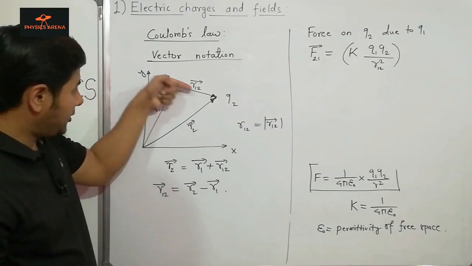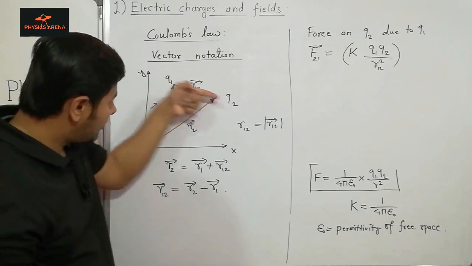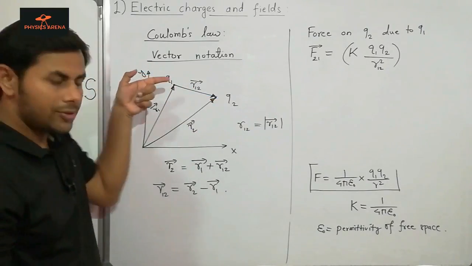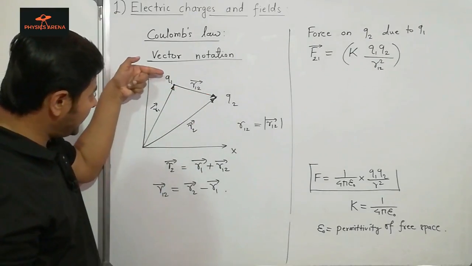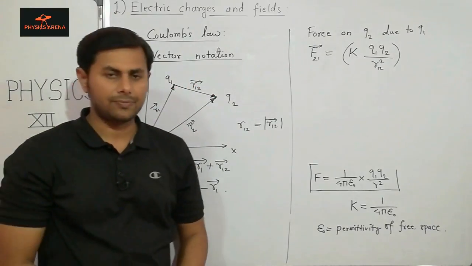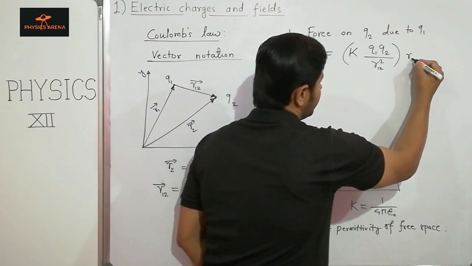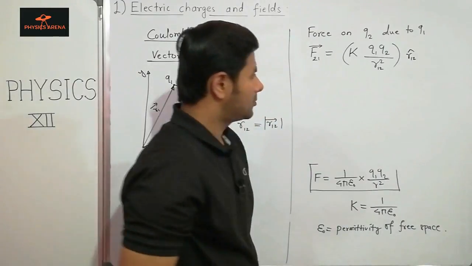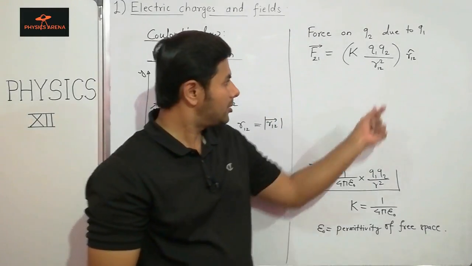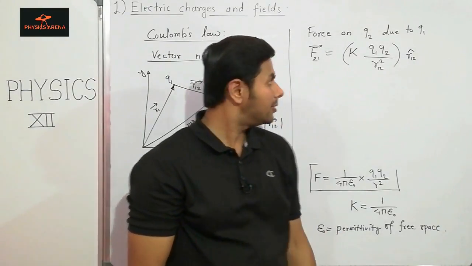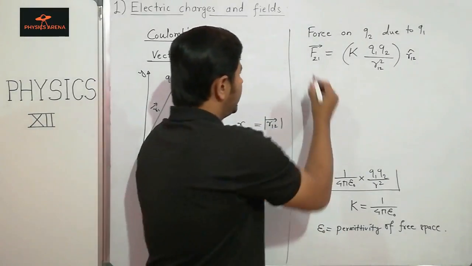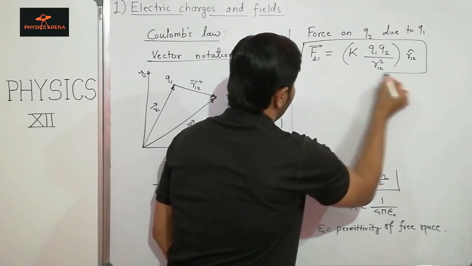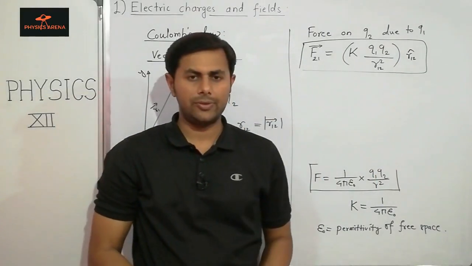The direction will be on 2 due to 1, so it will be in the direction of r12 bar, and we have used this unit vector to denote that. So this is how we write the force on Q2 due to Q1.